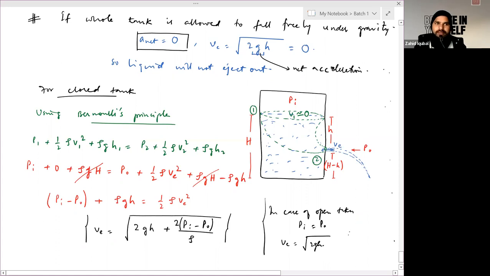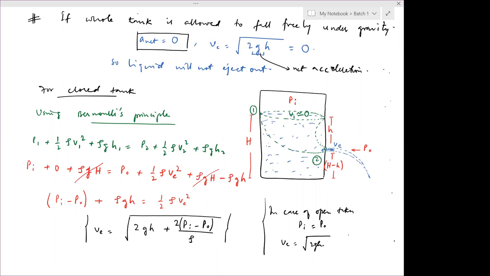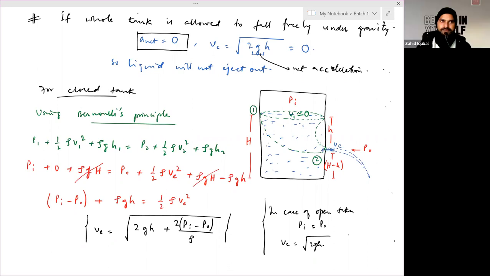So you may be asked to calculate the velocity of efflux for a closed tank or open tank. Khalid, any doubt? No, sir. Just write it down.